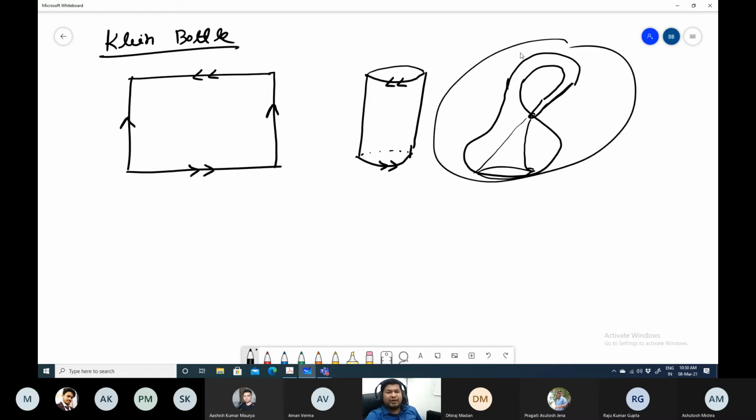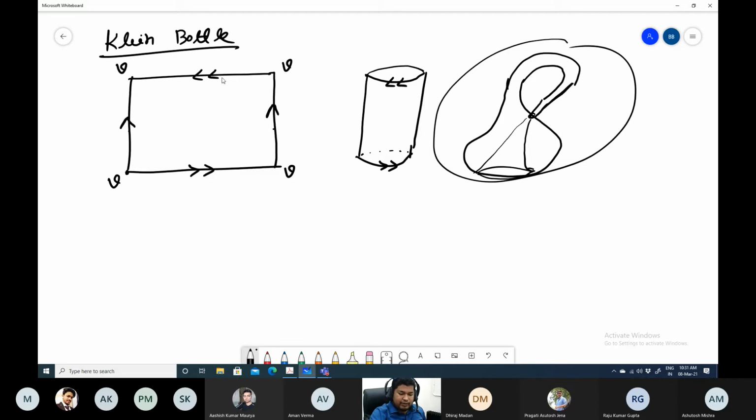We will compute that fundamental group directly. So what is this actually? We are identifying this with this and this with this. Now if this is your V, this is your V, this is your V, this is your V, all the vertices will also be identified. You can check that. If you identify this edge with this edge, then this vertex and this vertex are identified, and these are identified.